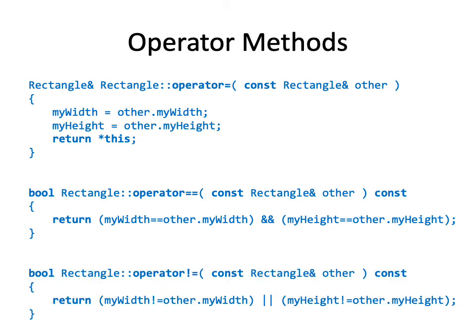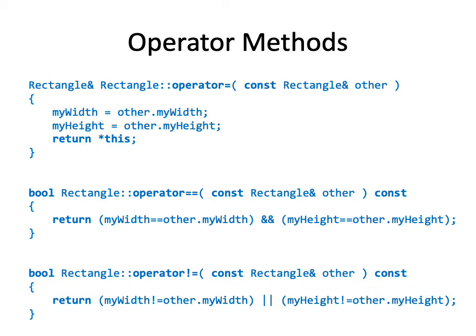Now, for the other one, the inequality operator, we could just say return not this equals other. But that's kind of boring. So we'll just do it the long way here. This method is basically the same as the equals method in that we're comparing the width and the height of this rectangle and the other rectangle.